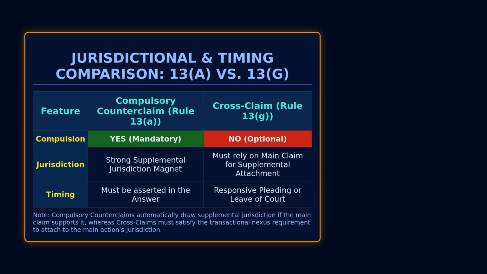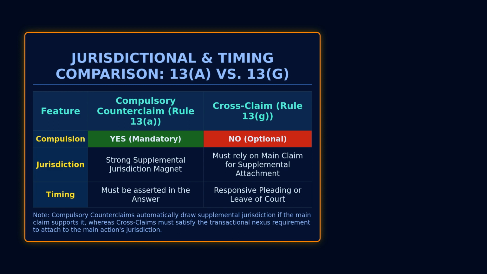We have established that cross-claims are optional but transactionally linked. Now, let us compare the jurisdictional treatment of these optional cross-claims against the mandatory nature of compulsory counterclaims. The jurisdictional rules differ significantly. Compulsory counterclaims under Rule 13a are powerful magnets for supplemental jurisdiction.